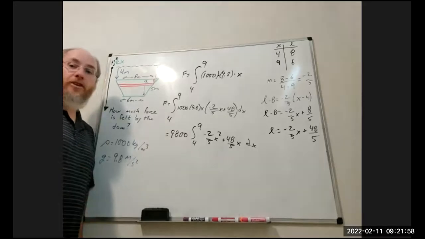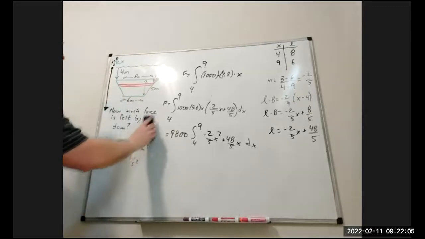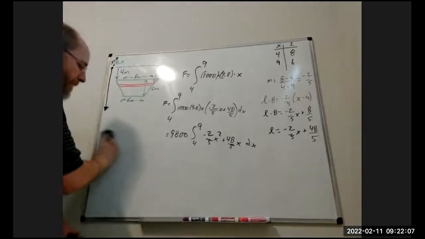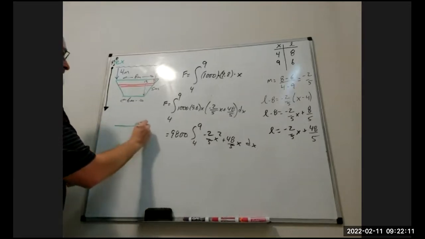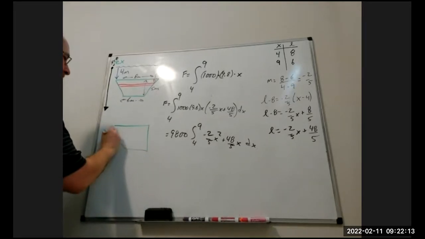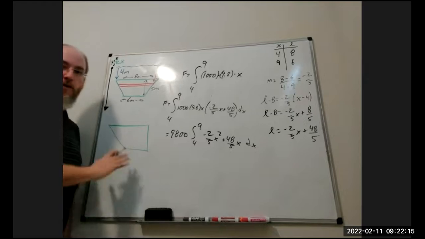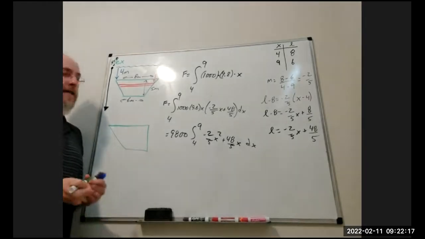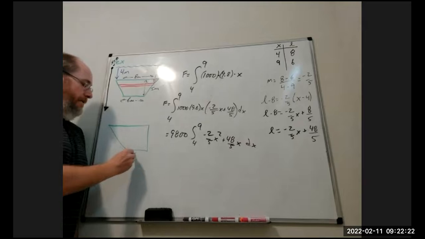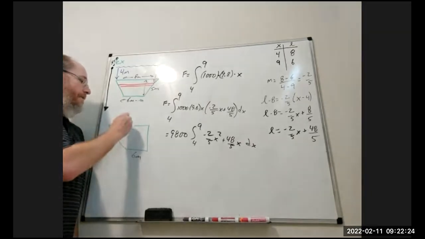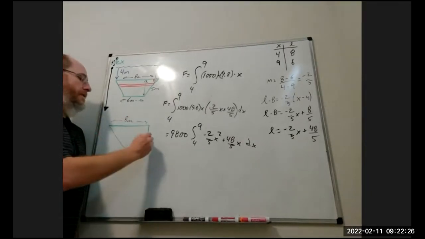Okay, so that's a good question. The symmetry of this shape actually didn't matter. Let's say it had looked like this, so it's still a trapezoid, and let's say we're still going from 6 meters to 8 meters with the same depth.